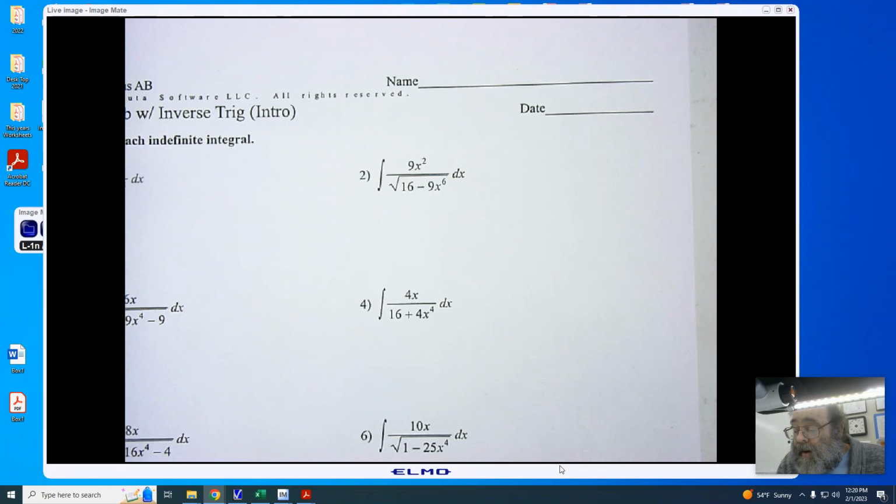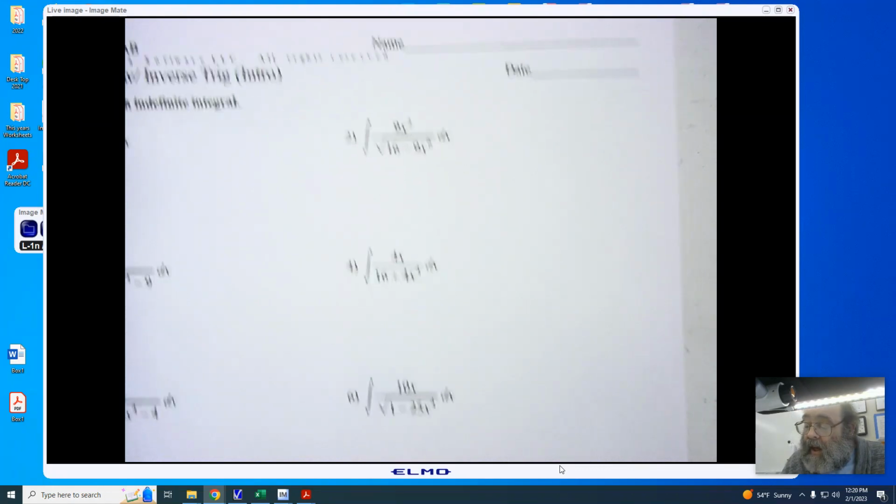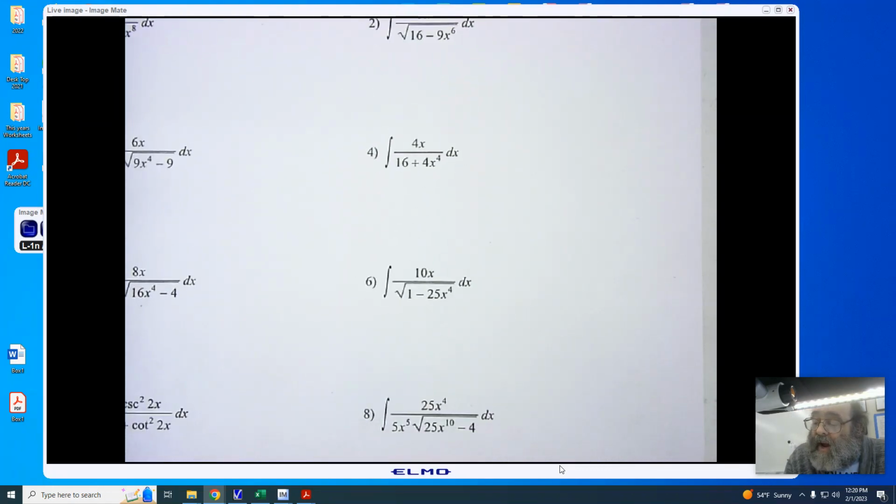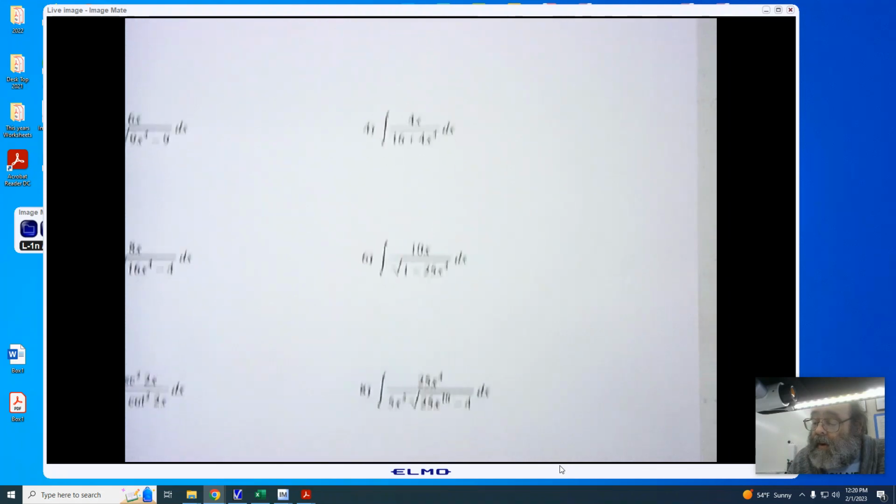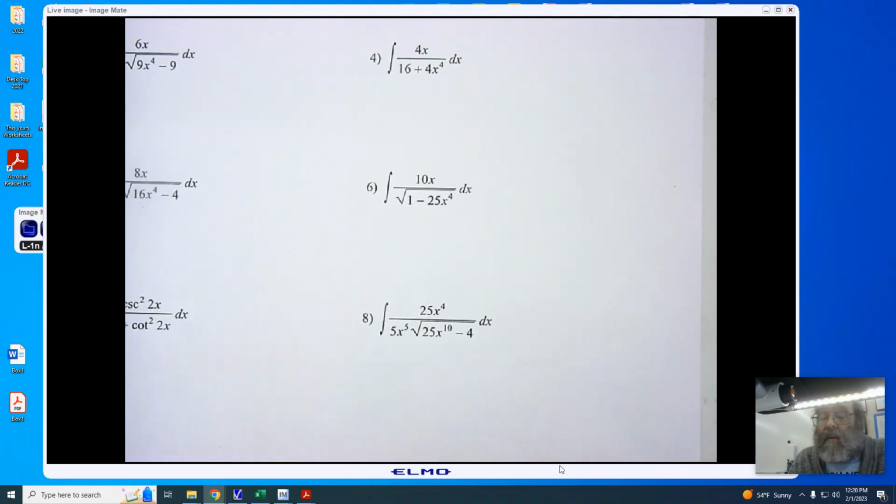And then we have number 6, the integration of 10x divided by the square root of 1 minus 25x to the 4th dx. And then we have number 8, the integration of 25x to the 4th divided by the product of 5x to the 5th times the square root of 25x to the 10th minus 4, the quantity times dx.